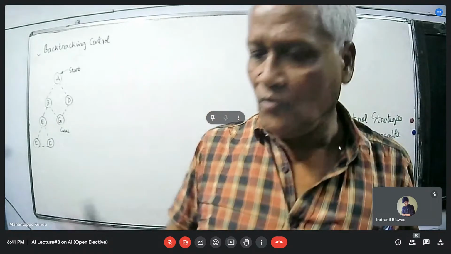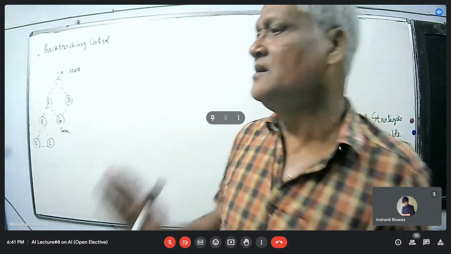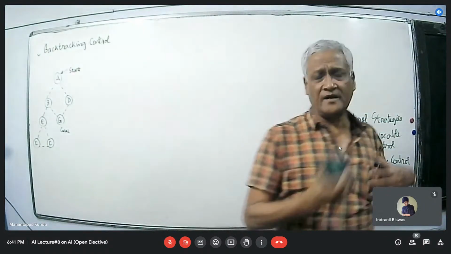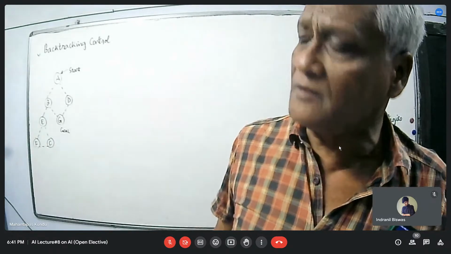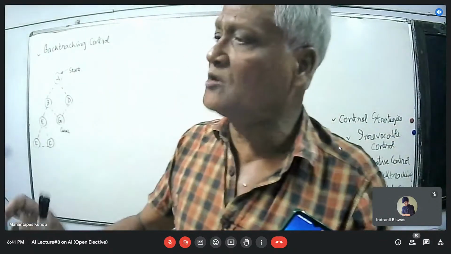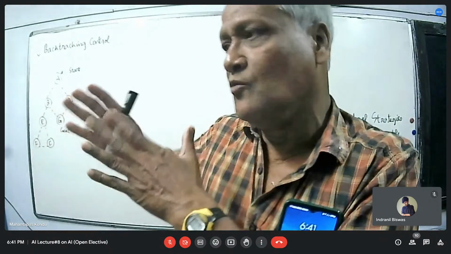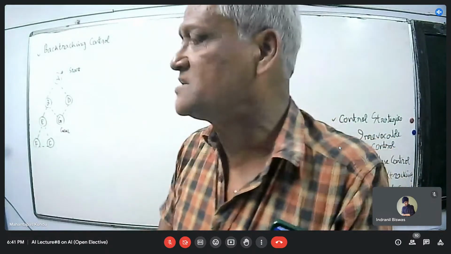Now, when we conducted state space search under irrevocable control, was it necessary to store the nodes which we have visited so far beginning from the start node?